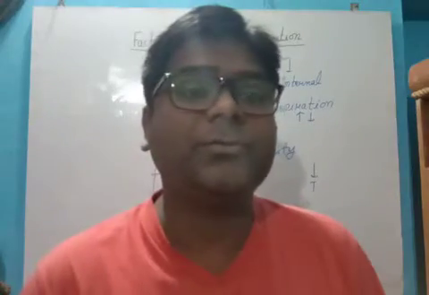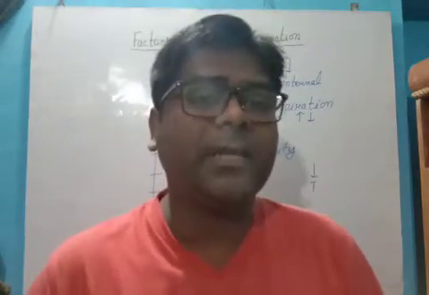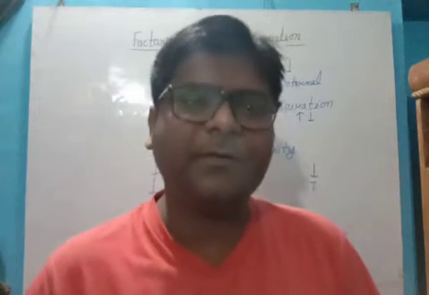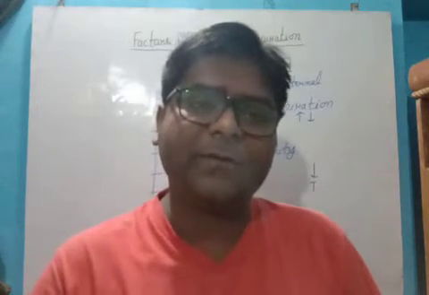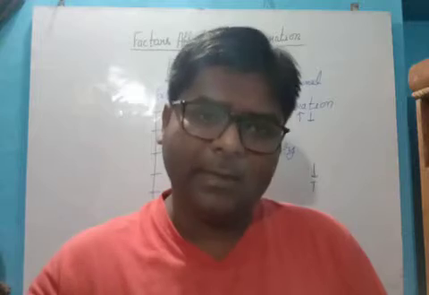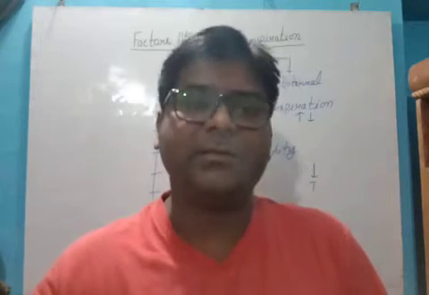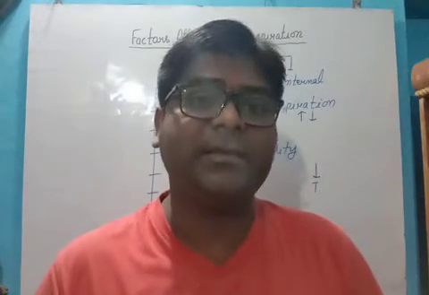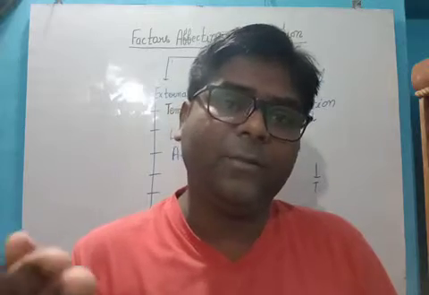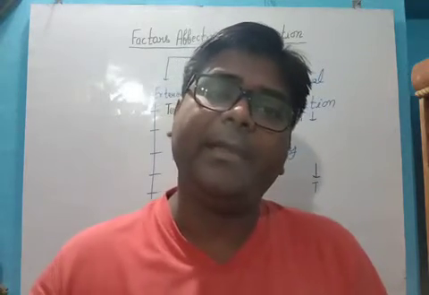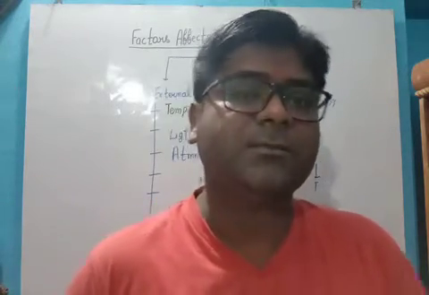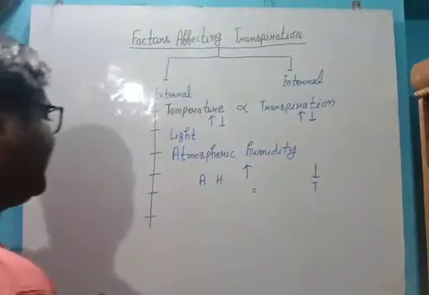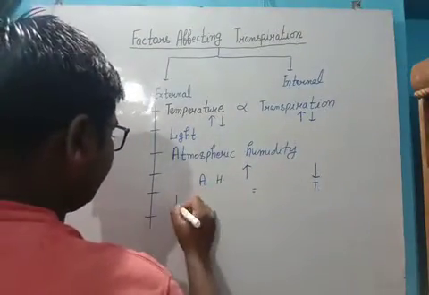So that is also one of the causes. I hope you have understood. High atmospheric humidity, low rate of transpiration, it means inverse relation. And low atmospheric humidity, high rate of transpiration. Easy to understand.